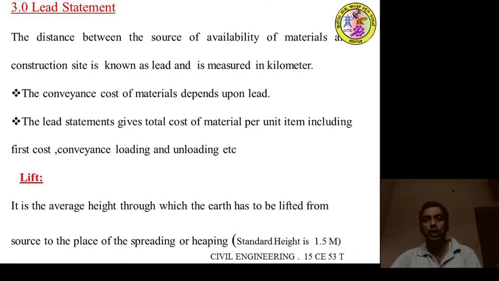The cost of material will increase by increasing the conveyance charge.